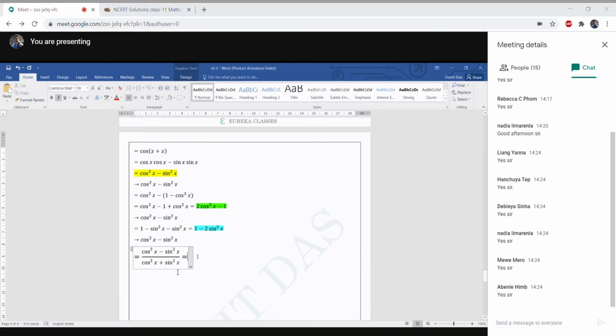Let me know. Look, I can write this line because cos square x plus sin square x value is what? Sin square x plus cos square x value is 1, right? So I can write this one. Okay. Next line, what I'll do?